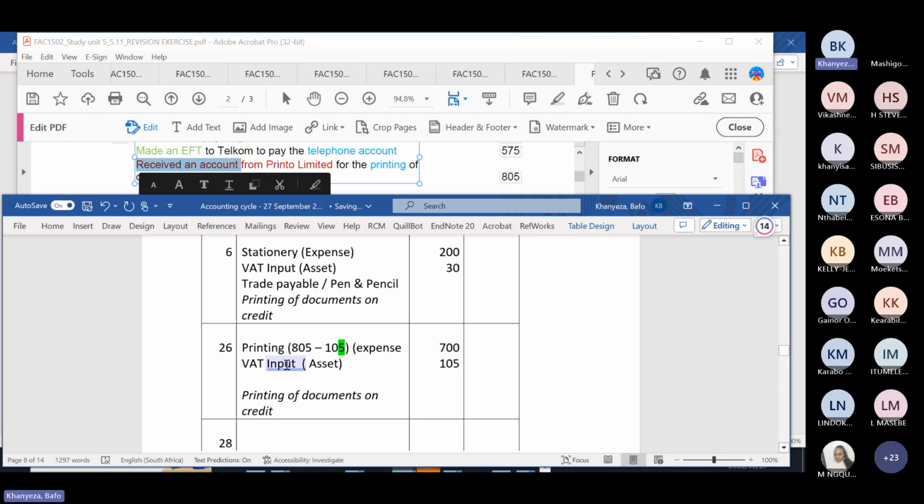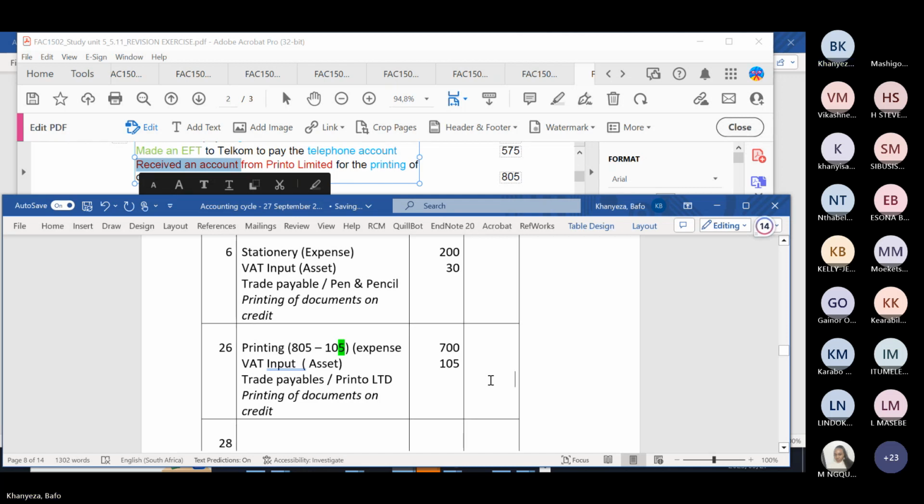Then the whole debt, how much are we owing Printer Limited? It's trade payables, or Printer. If you've got questions, I'll take them at the end and then we close.